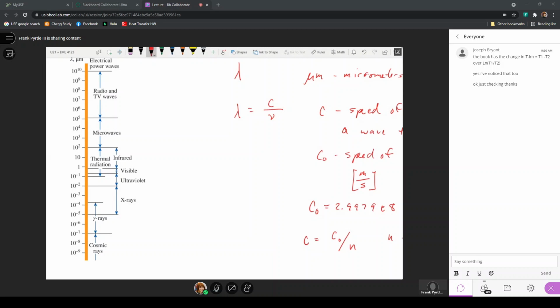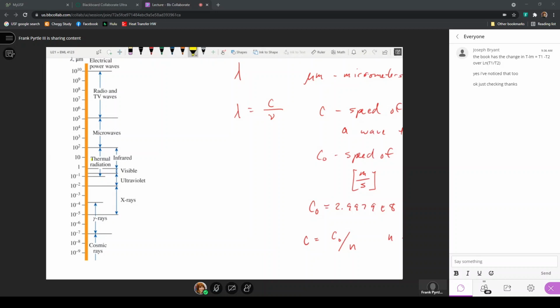Then we have microwaves. This is the same range of wavelengths in which your microwave oven is working. Just below microwaves is the top of the thermal radiation range.